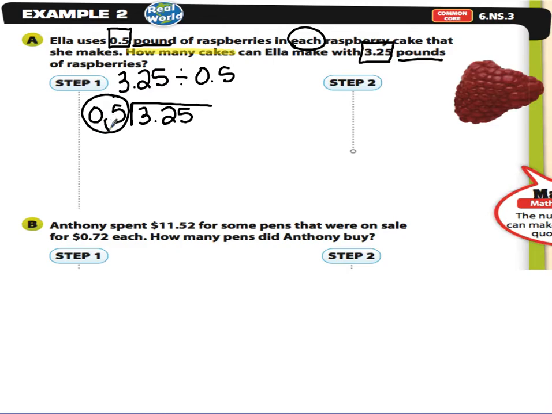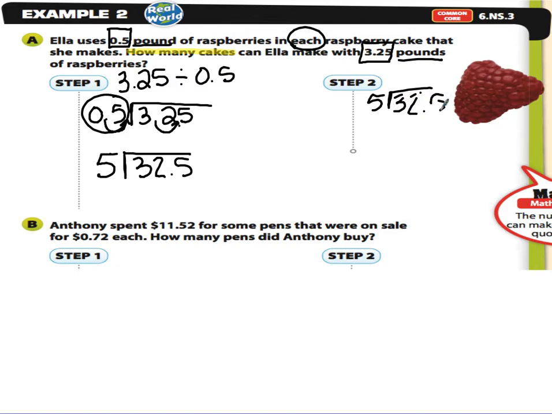Since I only have one number here, I have to move it to the right one time. But remember that golden rule: what I do to one, I have to do to the other. So then my new problem becomes 32 and 5/10 divided by 5. And then step 2 would be to actually do that division.